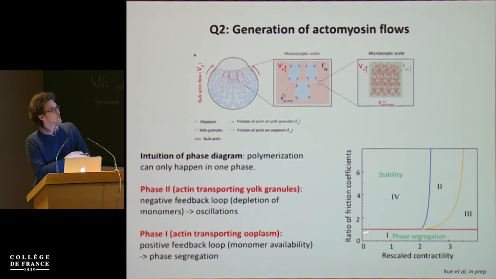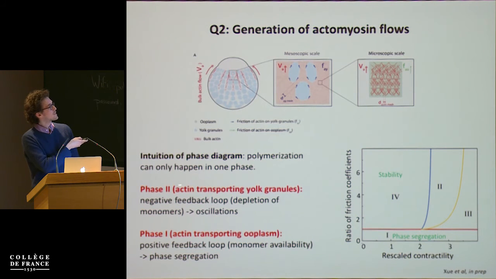If you have a much higher friction coefficient for water, you phase segregate, and that's because you have a positive feedback loop. Actin brings fluid, but then the fluid brings monomers with it, so you polymerize even more actin. So that's a self-reinforcing feedback loop that gets phase segregation.